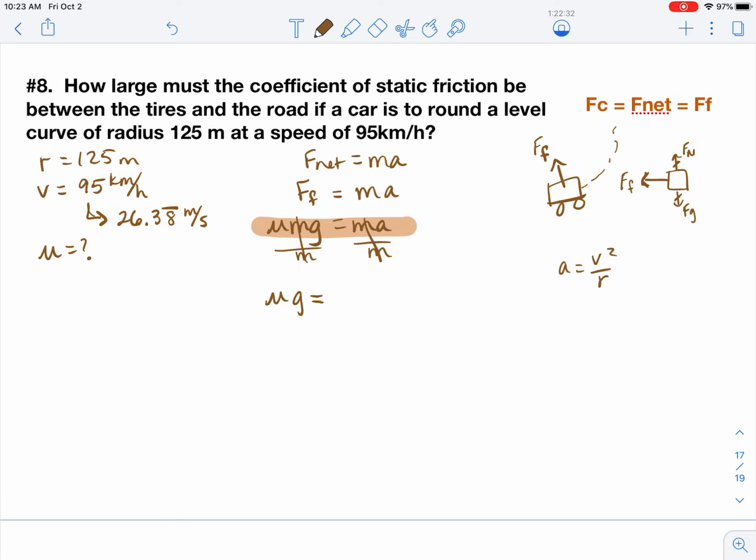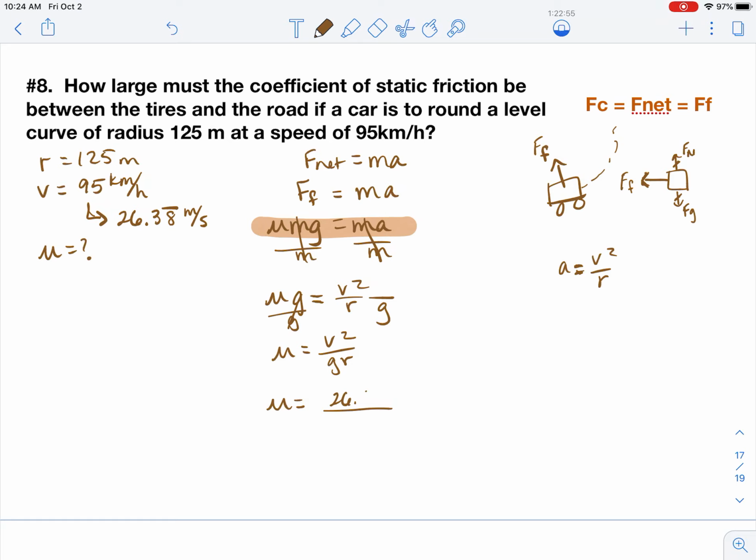And we can say that instead of saying mu g is equal to A, we can just replace that with V squared over R because they are equivalent. So now when I divide by g, I end up with mu is equal to V squared over GR. And now I can simply plug in my numbers and solve for mu.